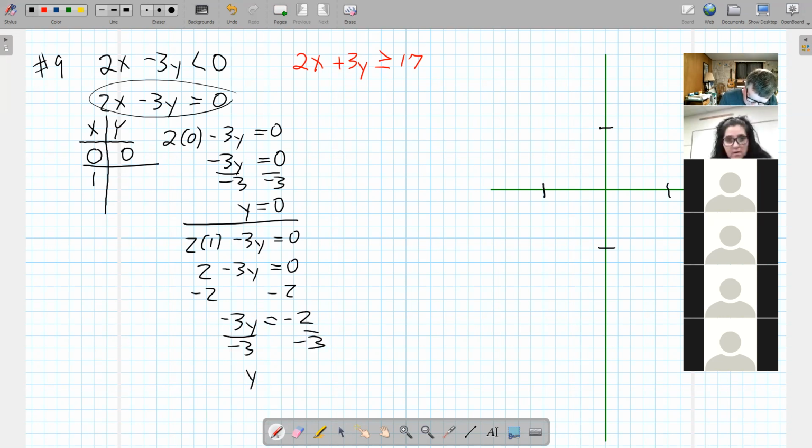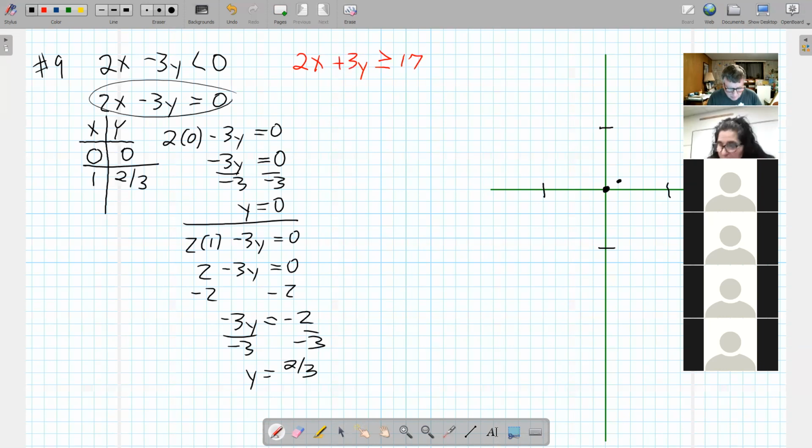Divide both sides by negative 3, and y equals 2/3. Okay. So plotting those 2 points, we've got 0, 0, and 1, 2/3, which is right about there.